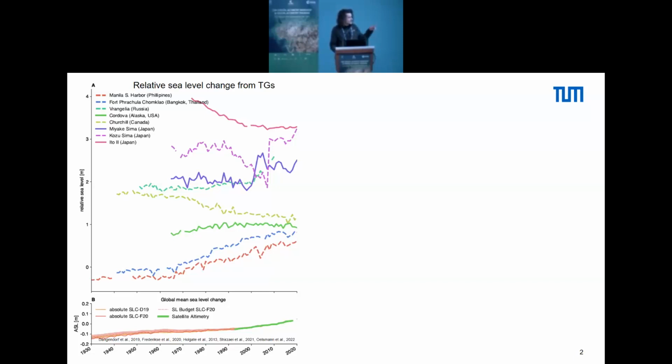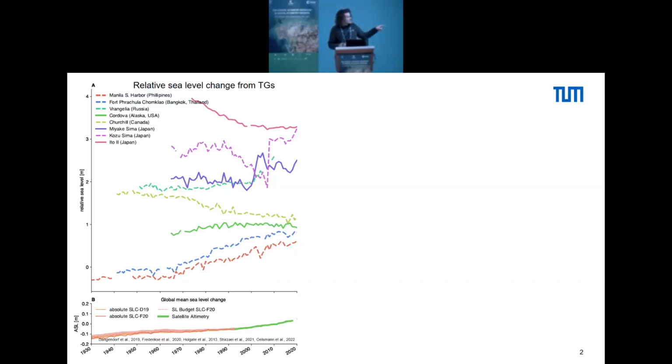Again, these time series are shifted against each other, and the scale is in meter. And below I show the global mean sea level change over the same period, like 80 years. The scale is a bit wider than the upper scale because that signal is quite small compared to these relative sea level change variations estimated at tide gauges.